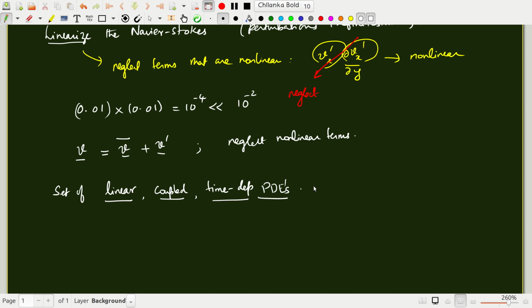Now, the most important thing to solve a set of differential equations is to prescribe the boundary conditions and initial conditions.